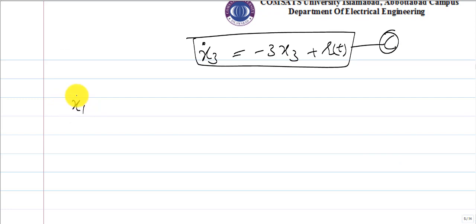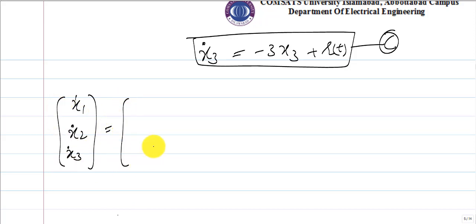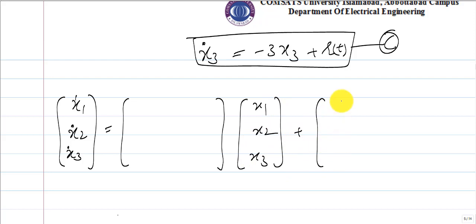So that will be X1 dot, X2 dot, X3 dot, that will be a 3 by 3 matrix times X1, X2, X3, plus the input vector times R of t. From equation A, we can write it as minus 1 times X1, 1 times X2, and 0 times X3, and 0 times R of t.